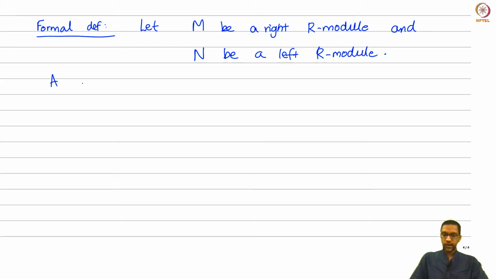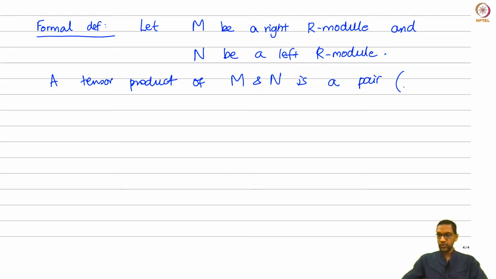Okay, a tensor product of M and N is a pair, again like in the case of Z modules. So what is it? It's a pair (T, alpha), which satisfies a certain universal property, okay, satisfying the following properties.